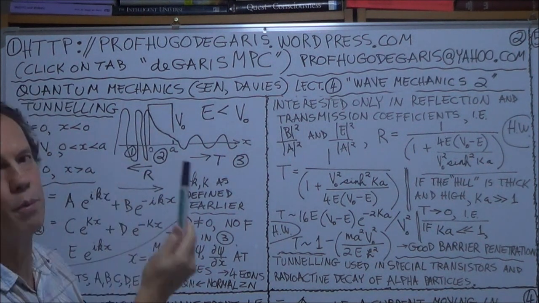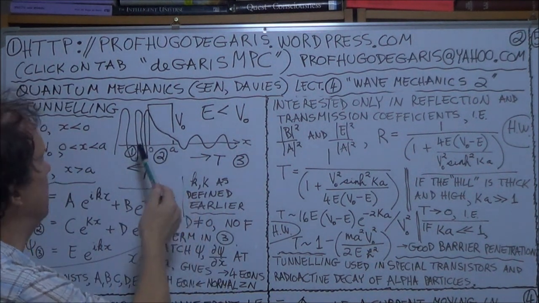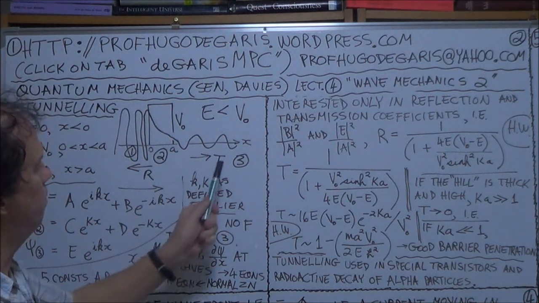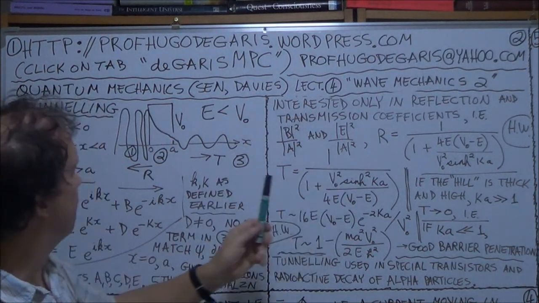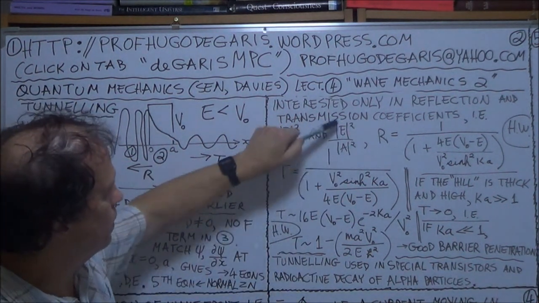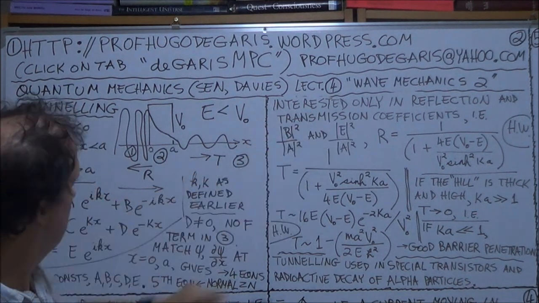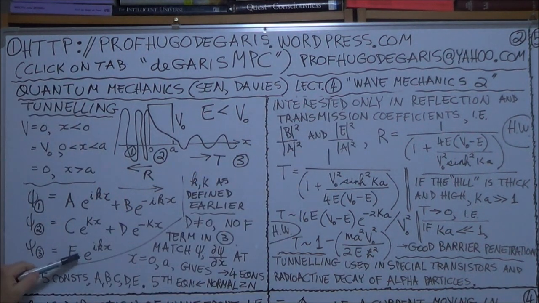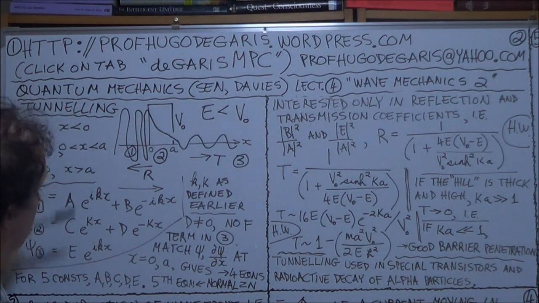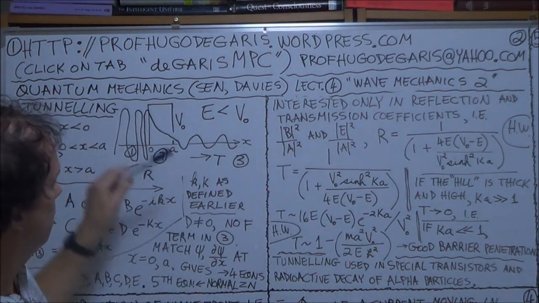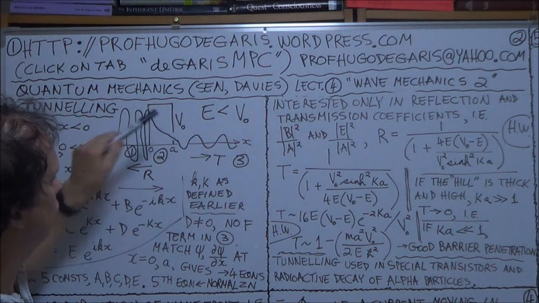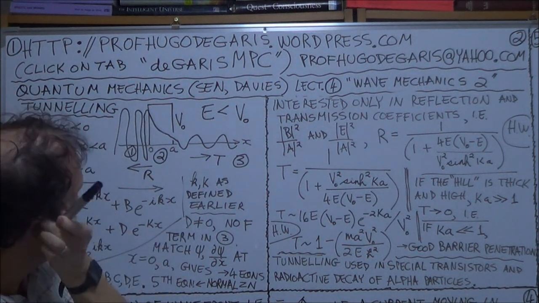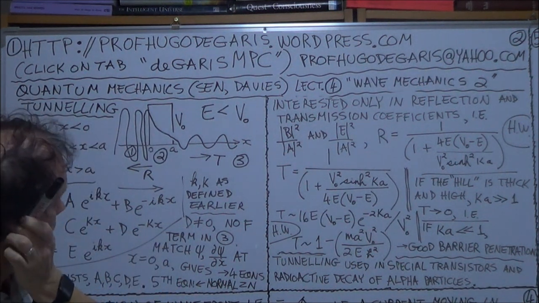What's the probability density heading back this way? And big T corresponds to this one, because this here is your waveform that heads off to the right, that got through the barrier, right?